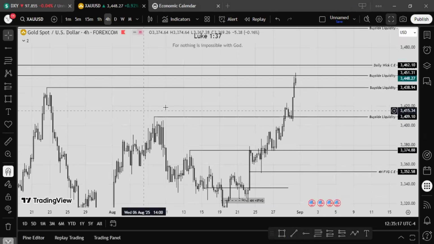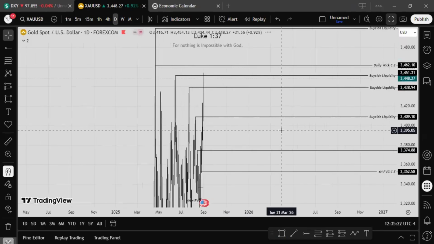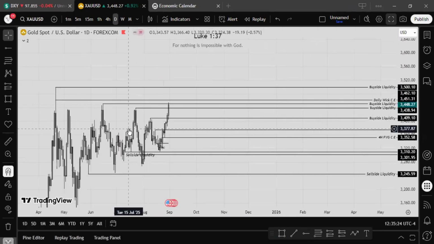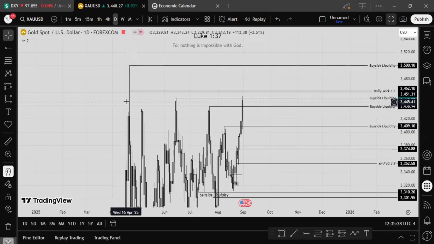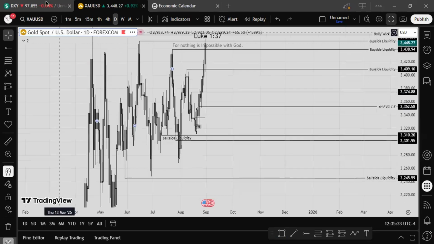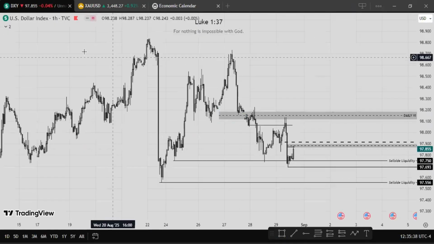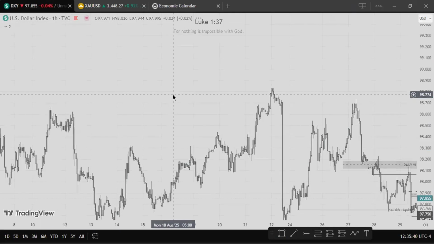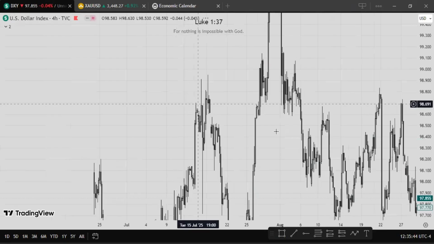And then we came for these highs. I'm still expecting us to be bullish though. I wanna see if we will go for these highs here. I also have the CE of this week marked out because you can also use that as liquidity. Just like that time, on the 4 hour.